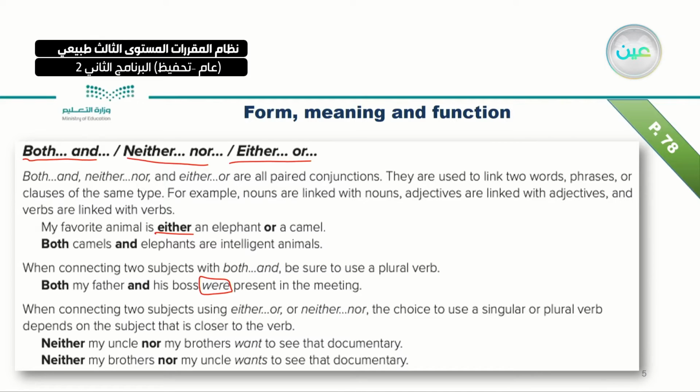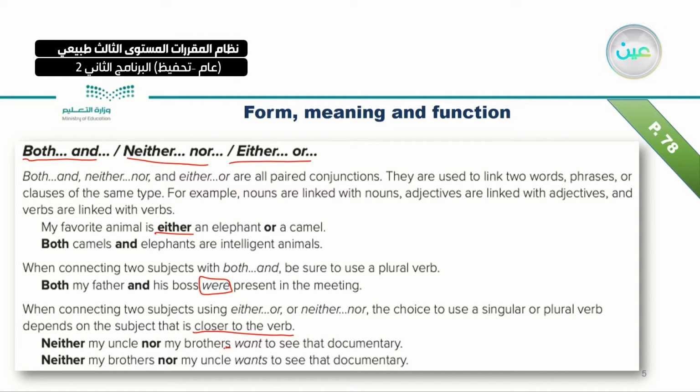And when connecting two subjects using either or neither nor, the choice to use a singular or a plural verb depends on the subject that is closer to the verb. Let's have an example. Neither my uncle nor my brothers, so we have here plural, want to see that documentary.